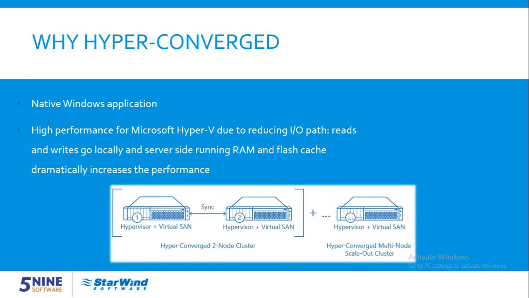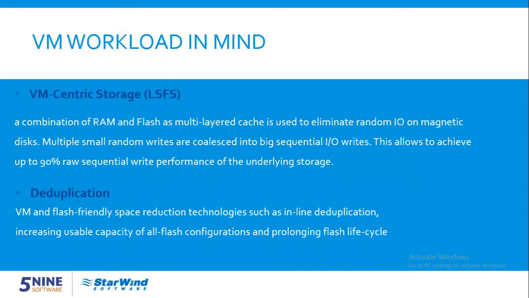No, you just go to the hypervisor layer, and then you go directly into the memory on this machine, where we have caching, and then we have a flash cache layer, and then we have local spindles. So you don't go through the network at all. That gives you excellent latency, and that gives you excellent resilience of your configuration. Now, our solution is developed with virtual machine workload in mind.